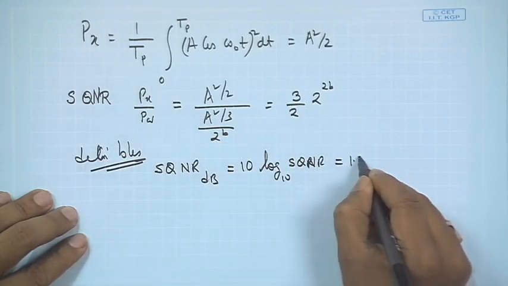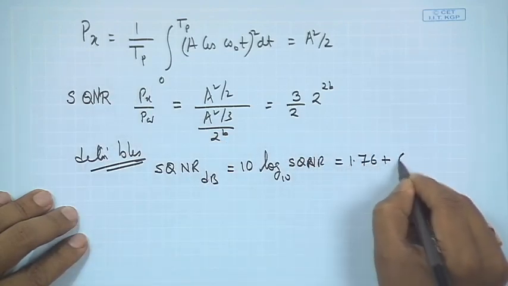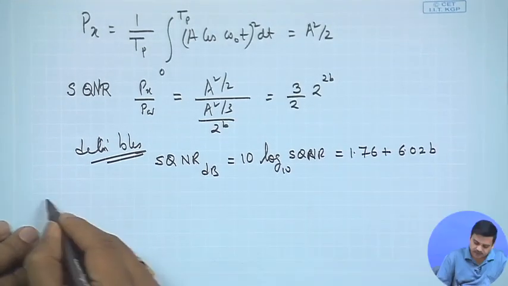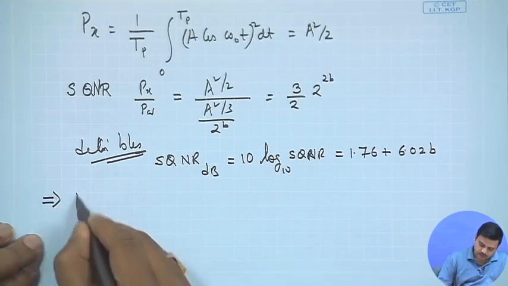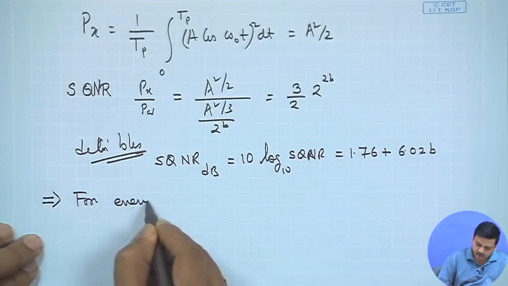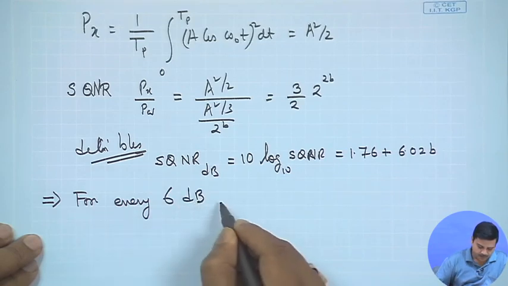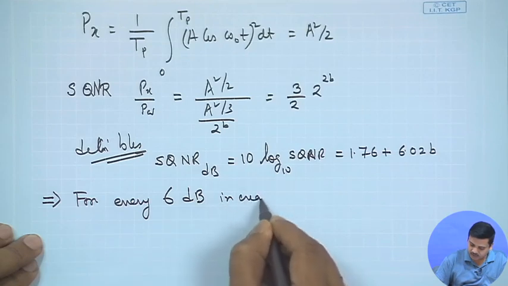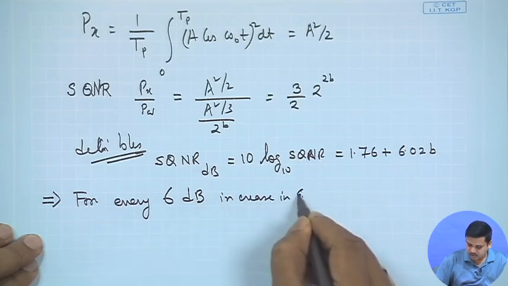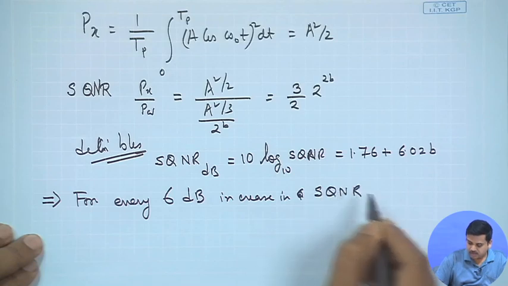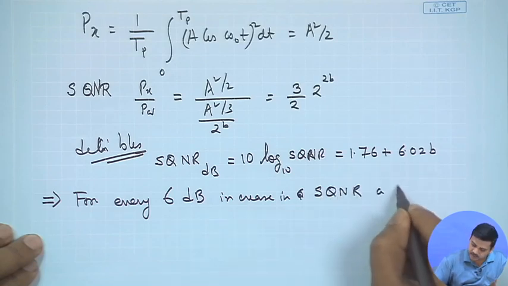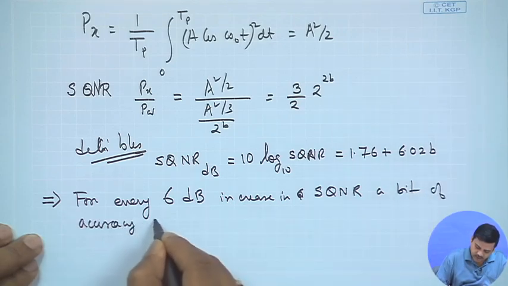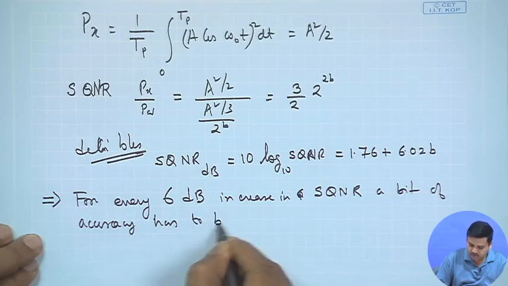So, this turns out to be 1.76 plus 6.02 B. So, what this effectively means is that for every 6 dB increase in SQNR, one would require that a bit of accuracy has to be increased.